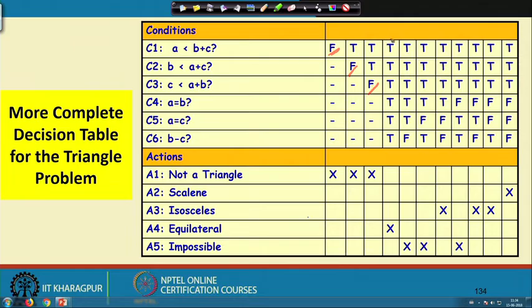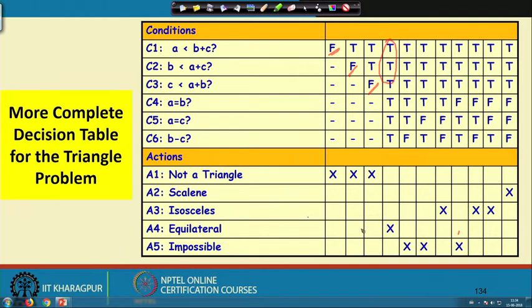But if all the three conditions here, C1, C2, C3, are true, then it forms a triangle, and therefore we check the other conditions C4, C5, C6, and based on that we write whether it is scalene, isosceles, equilateral, or impossible.